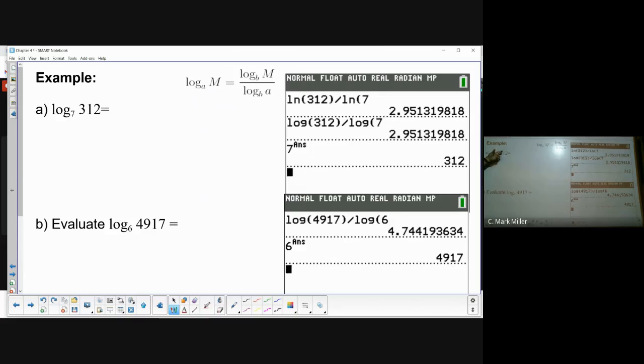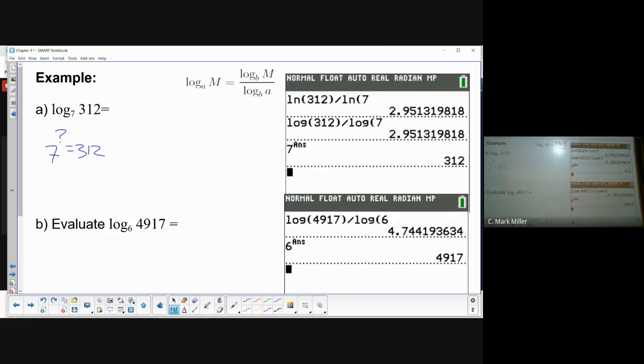Log base 7 of 312. We used our calculator to find log base e of 312 and log base 10 of 312, right? This is answering 7 to what power equals 312. I don't have a log base 7 key on my calculator, but I do have a natural log key.